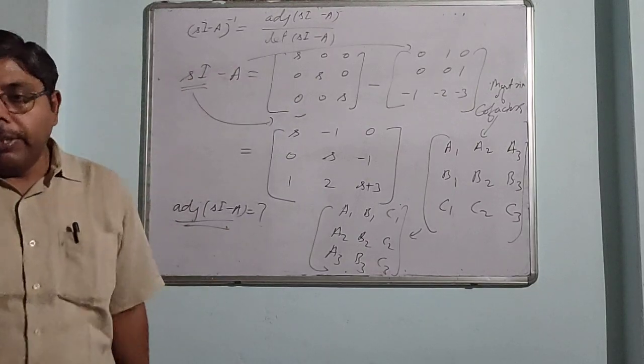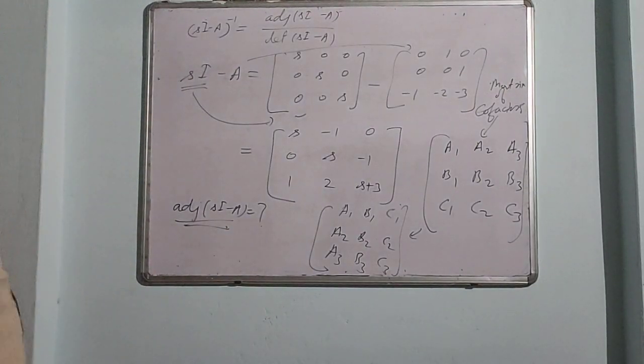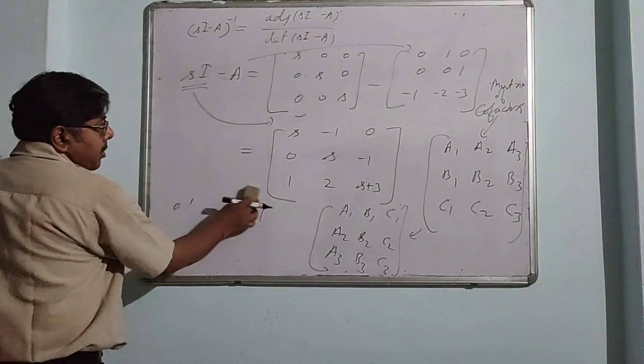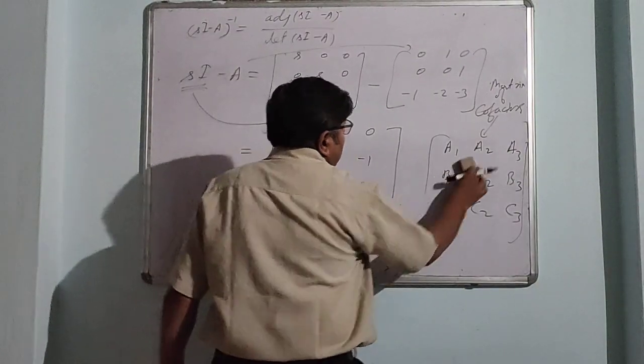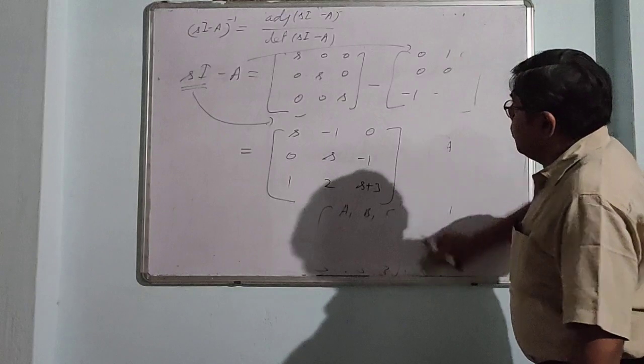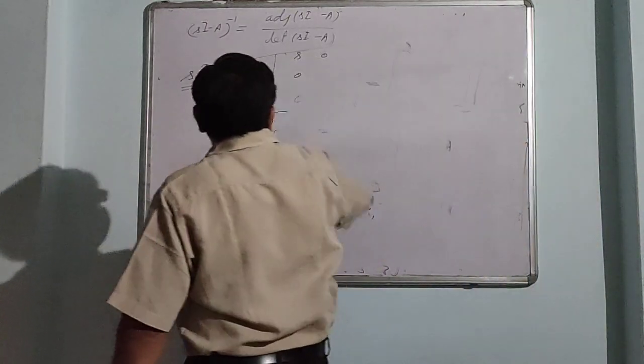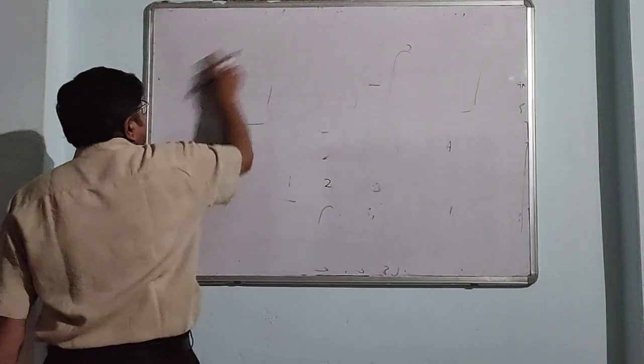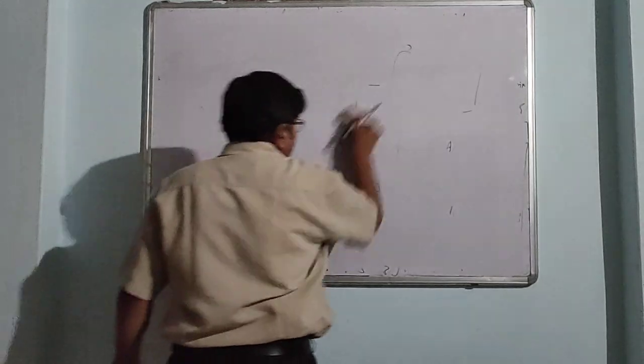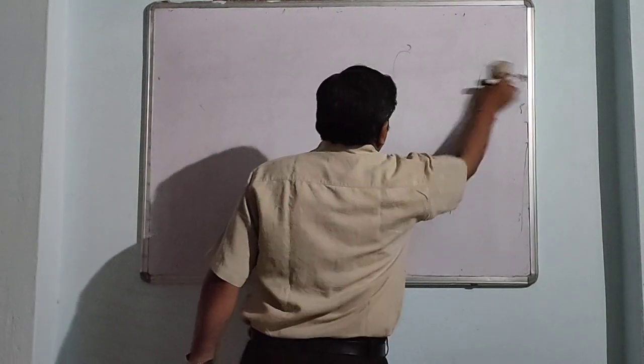So first of all we will calculate adjoint. So calculate the matrix of cofactors of this given matrix.